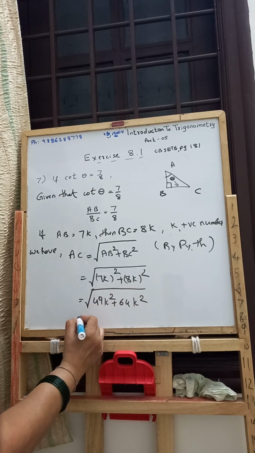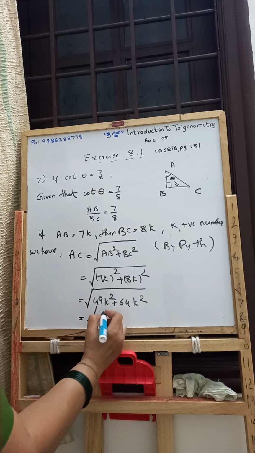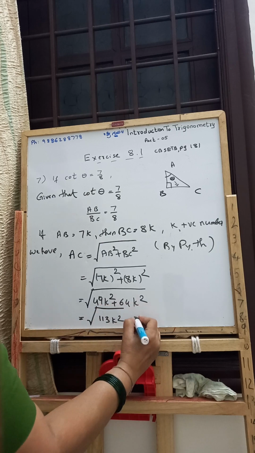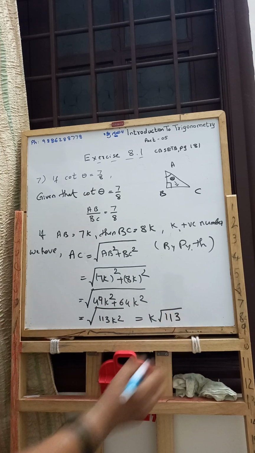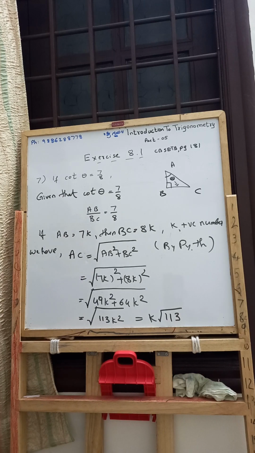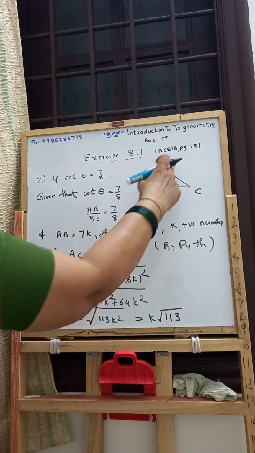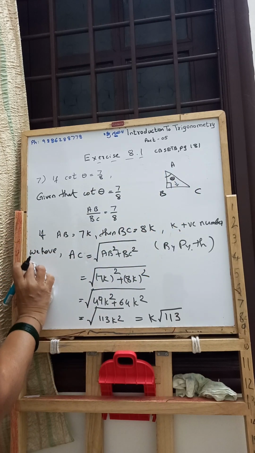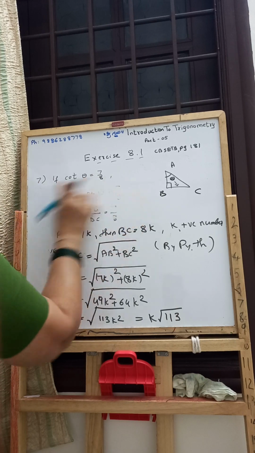This is equal to square root of 113K square. This is equal to K root 113. When we find hypotenuse, then we can evaluate the required ratio.